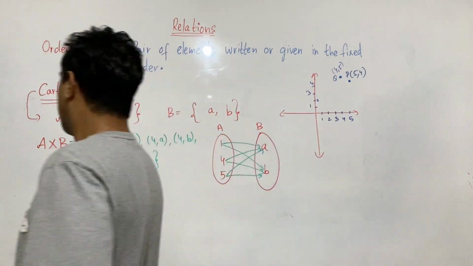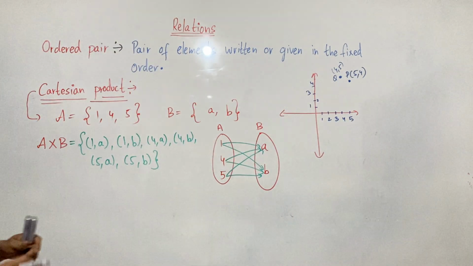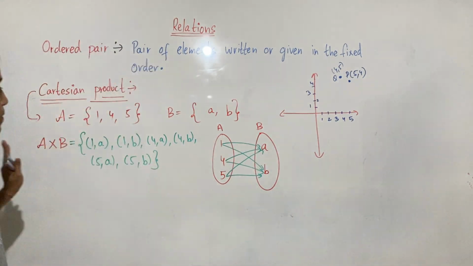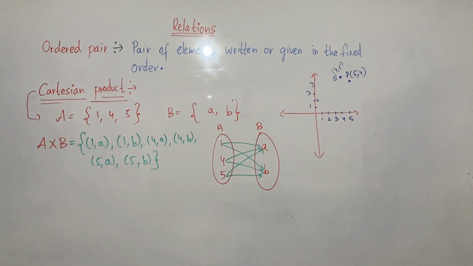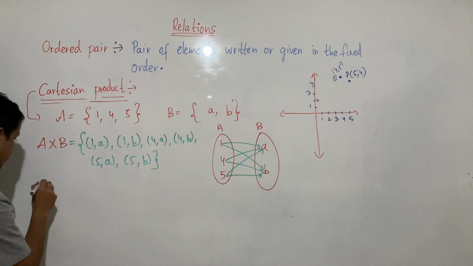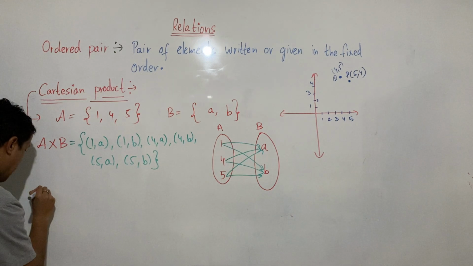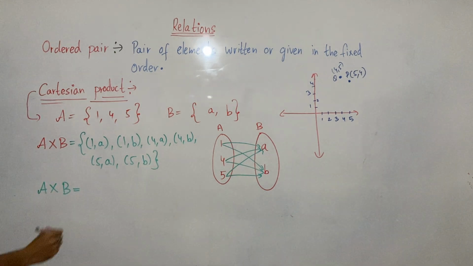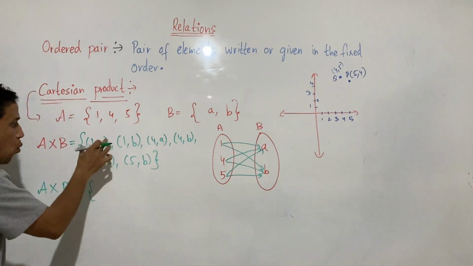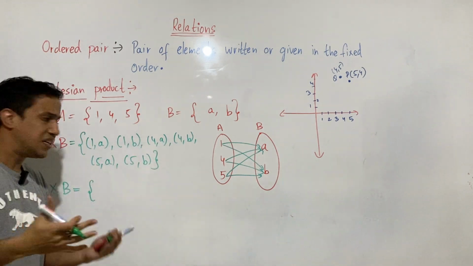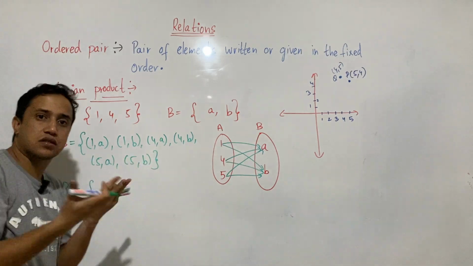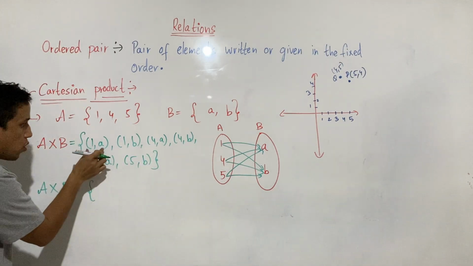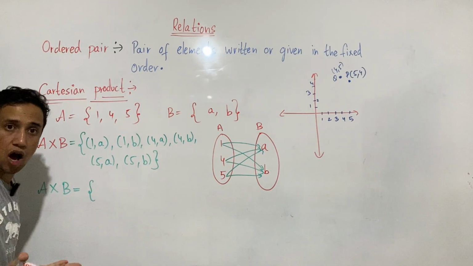Now see here the mathematical definition. Now I'm going to write the mathematical definition. A Cartesian product B is a set of ordered pairs. See here, 1A, what is it? It's an ordered pair.